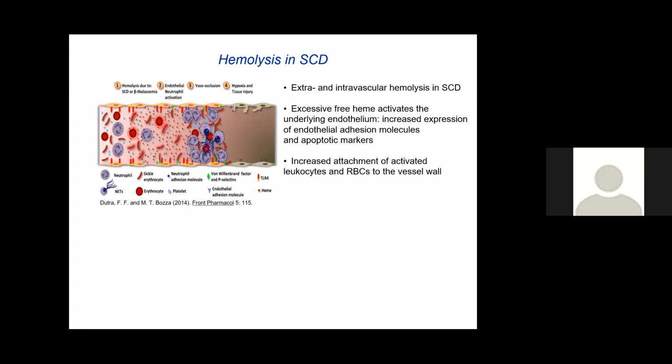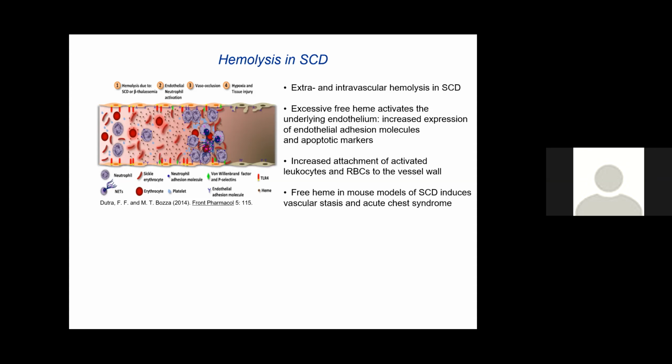There is increased attachment of leukocytes and sickle red cells to this activated endothelium. As a result, you see blockage of the blood flow and you get vaso-occlusion. That means not enough oxygen is delivered to the tissues. The tissues start having failures, they start dying, and there's organ failure.